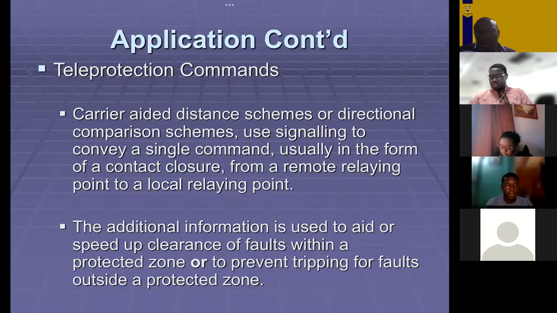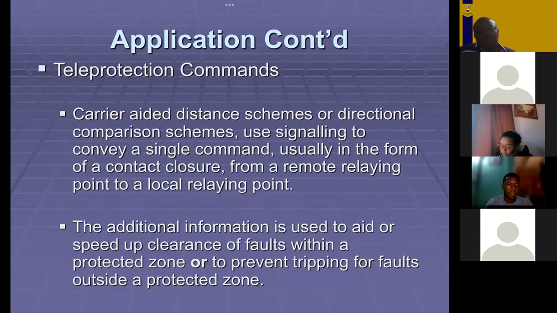We also note that, continuing with teleprotection, the additional information that we get is used to support or speed up clearance of faults within a zone, or prevent tripping for faults outside a protected zone.